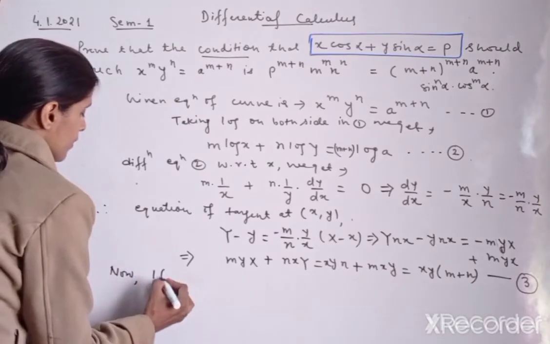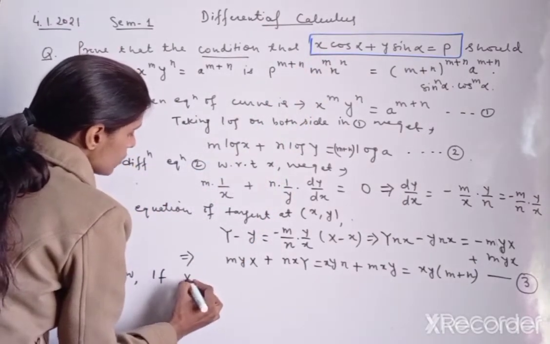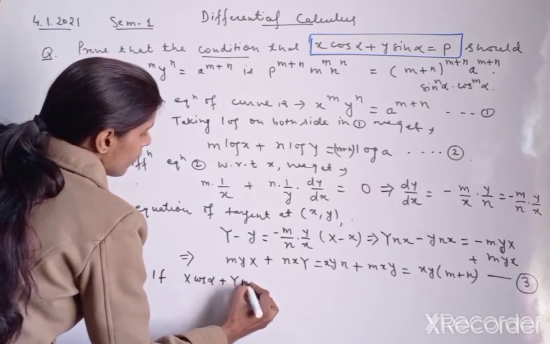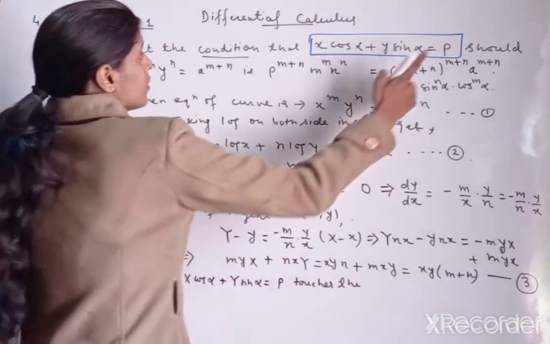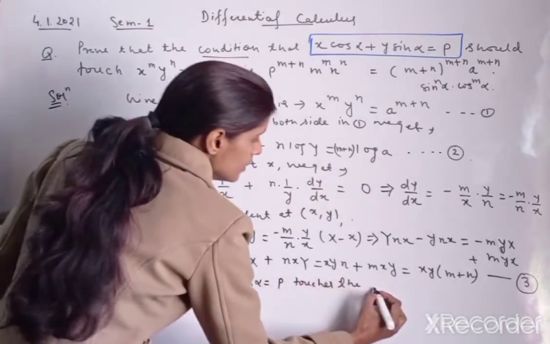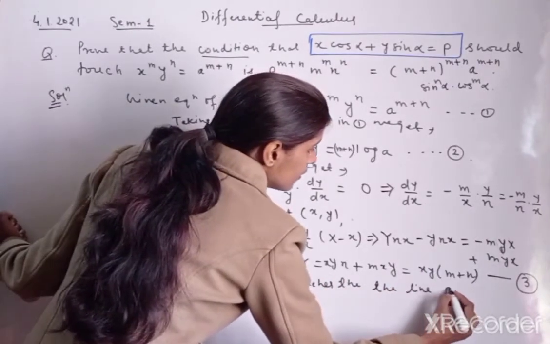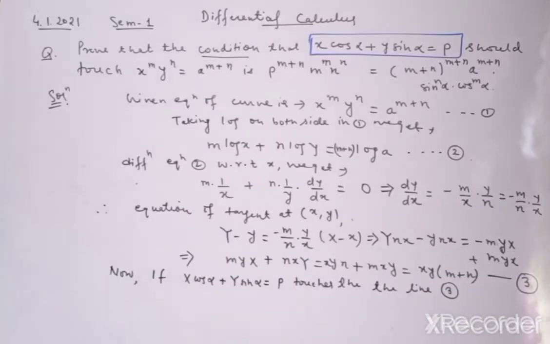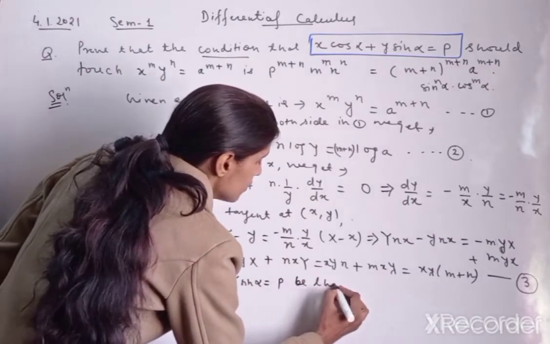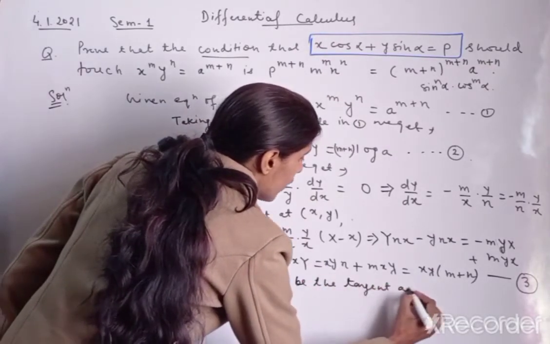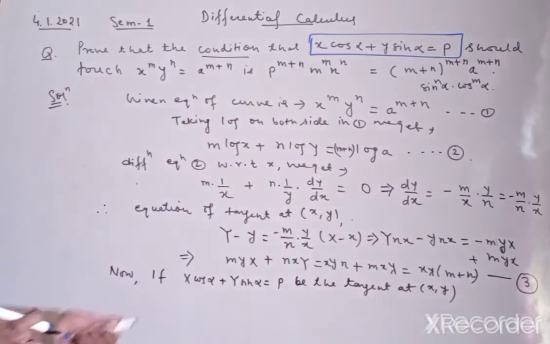Now, if this equation, that is x cos alpha plus y sin alpha equal to p, touches line 3, that is the equation of tangent, or we can say that it is the tangent to the curve at (x, y).